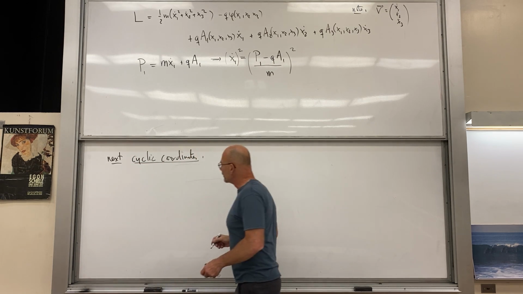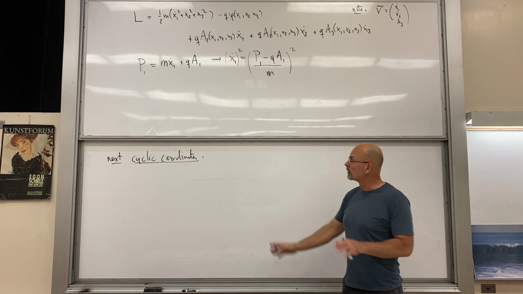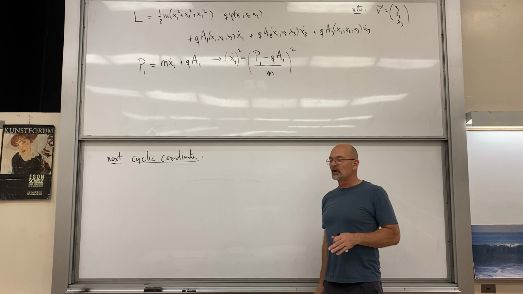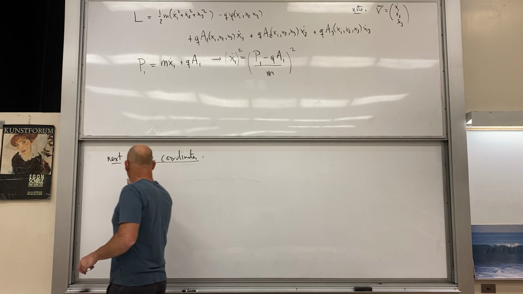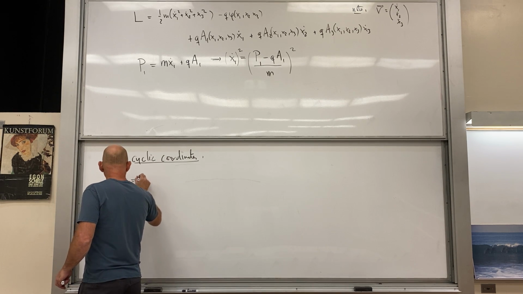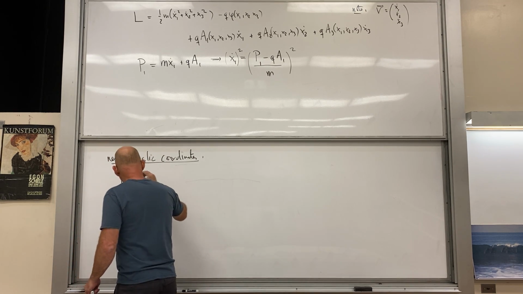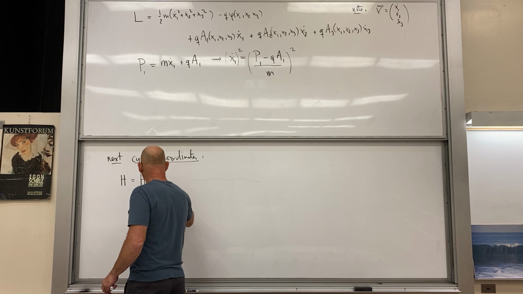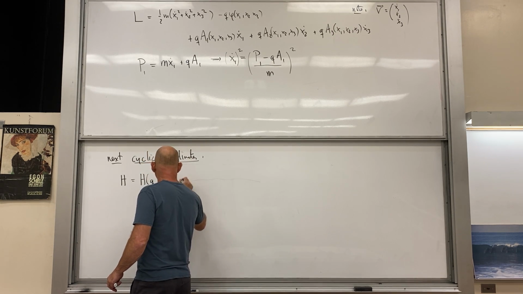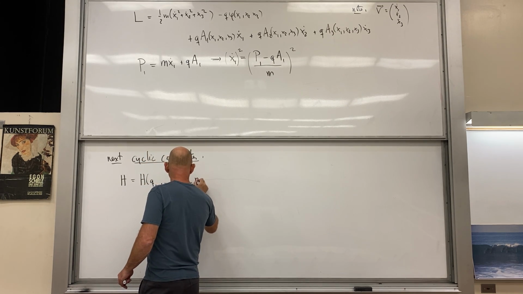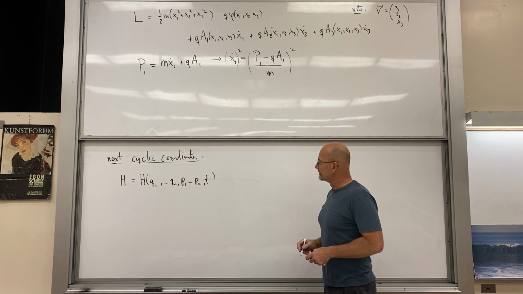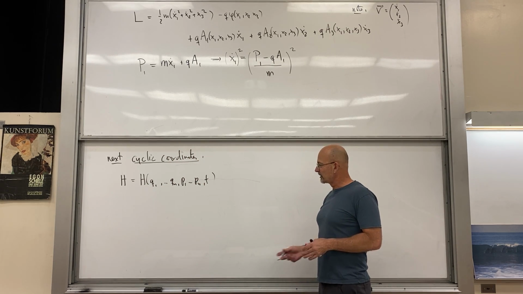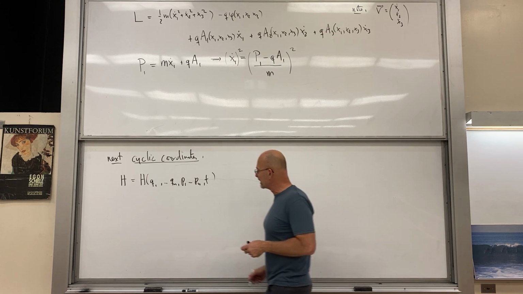So now we're going to assume we've gone through the whole rigmarole, starting with our Lagrangian, and we now have a Hamiltonian. So H equals H of q1 to qn, p1 to pn, and t. But one of these coordinates is a cyclic coordinate.